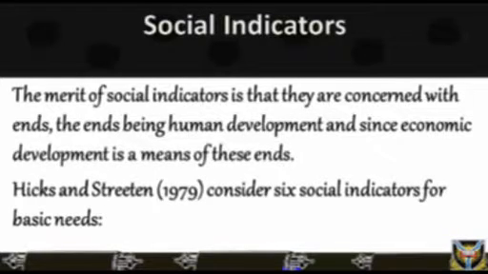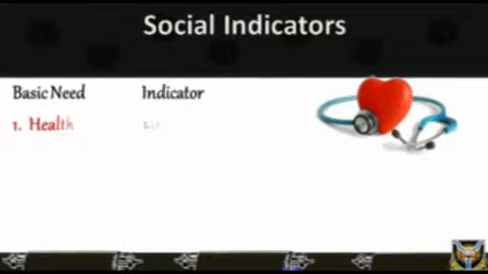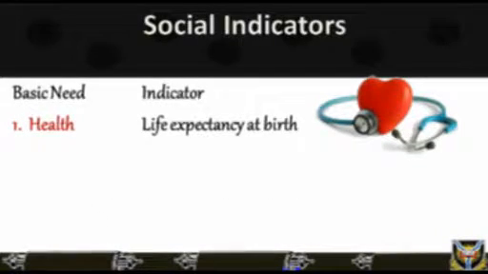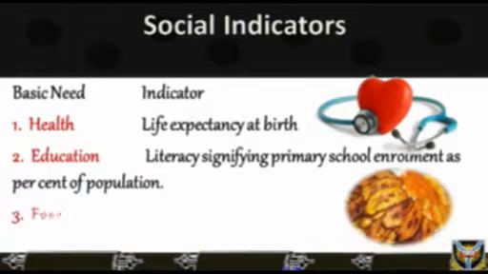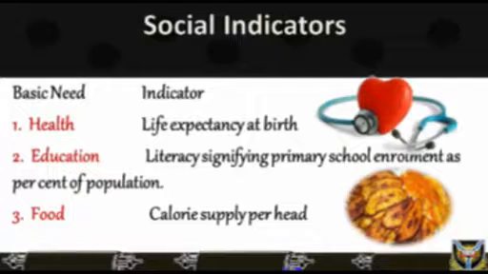Hicks and Stratton, 1979, consider 6 social indicators for basic needs. Basic need indicator. 1. Health, life expectancy at birth. 2. Education, literacy signifying primary school enrollment as percent of population. 3.